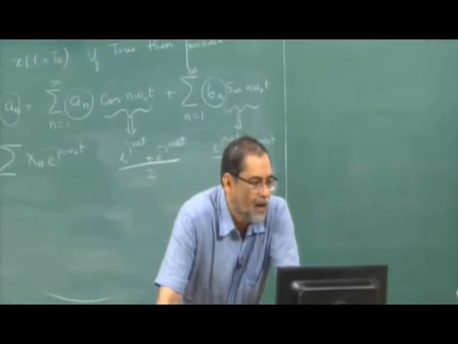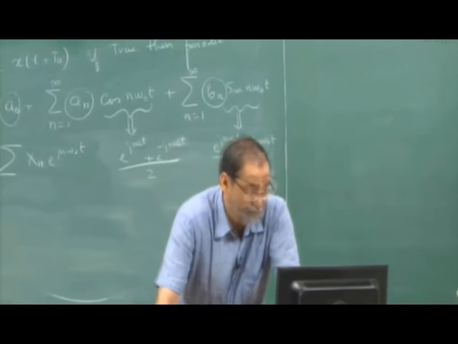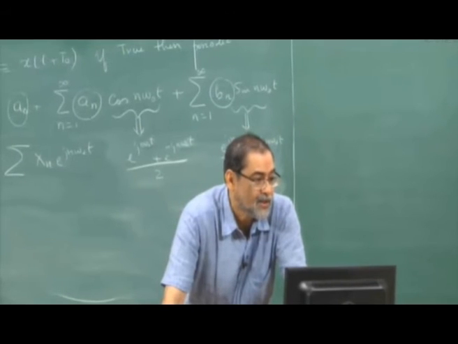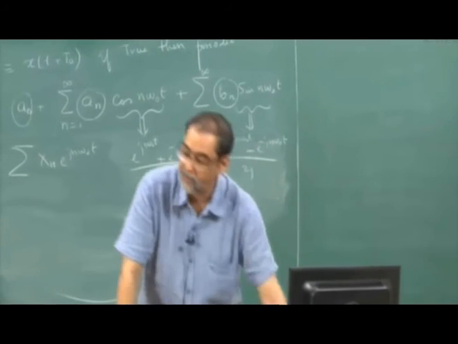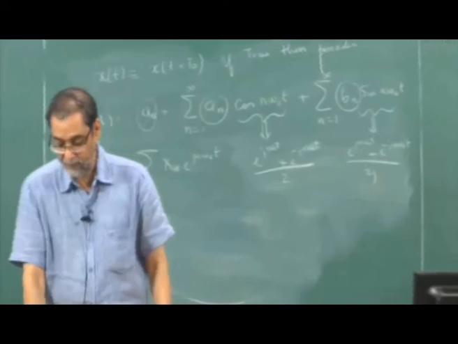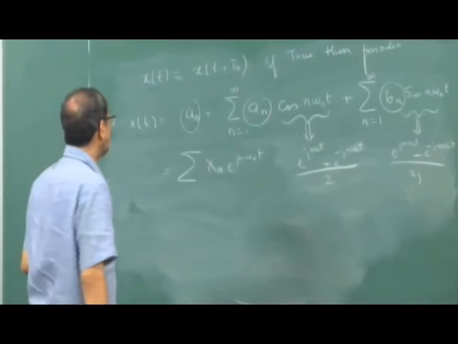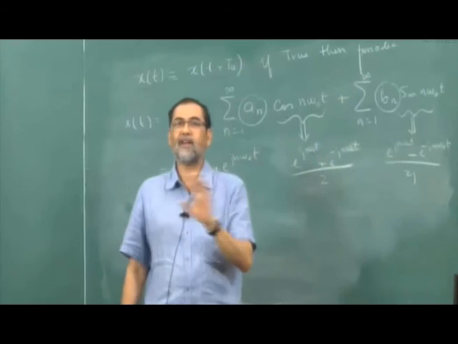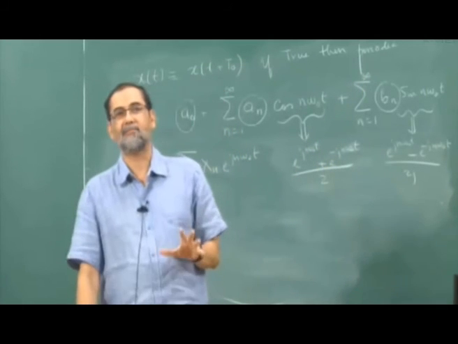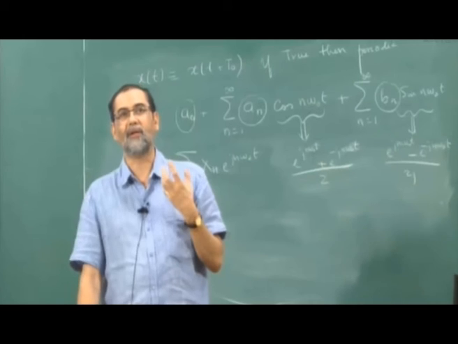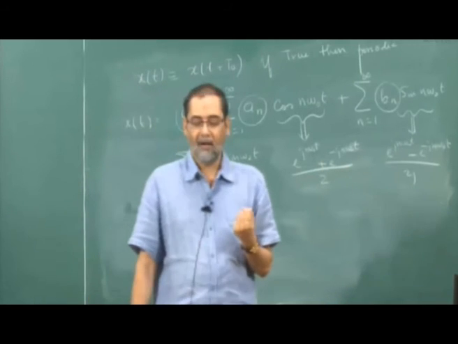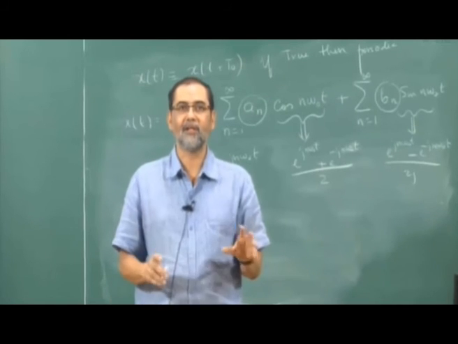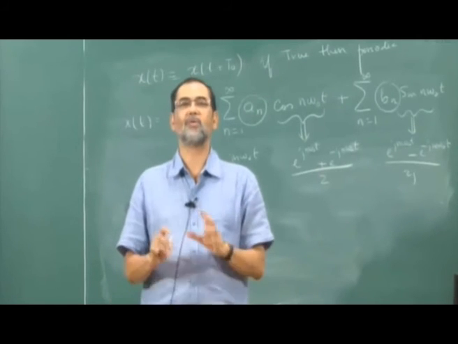The question from RITSDS: is there any condition of convergence of x of t as its expansion is an infinite trigonometric series? Good question, right? I've been emphasizing this point again and again. These are all infinite series, right? Infinite series, please take them with great amount of caution. Whenever there is an infinite series, you worry about convergence, you worry about the existence, and so on.